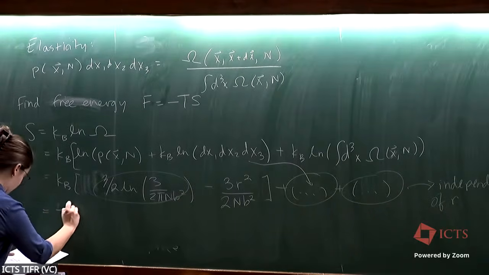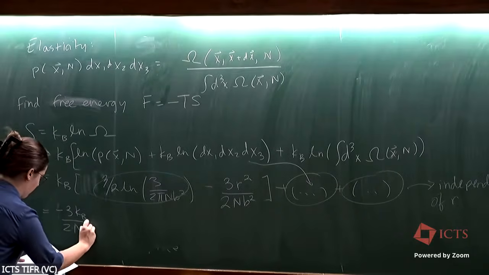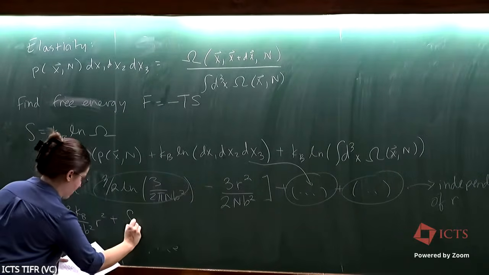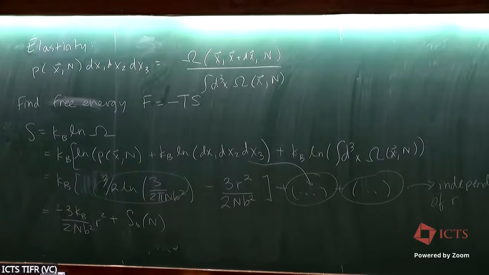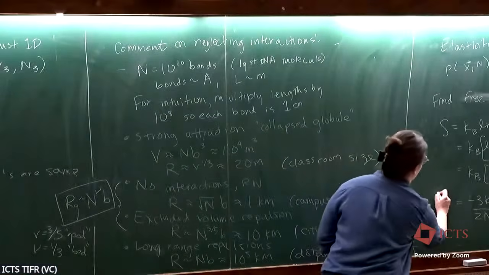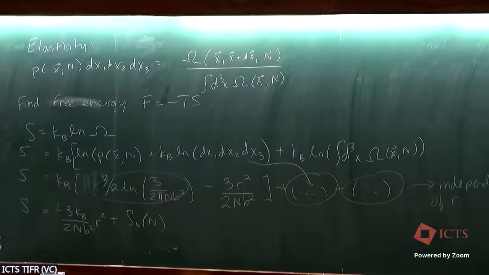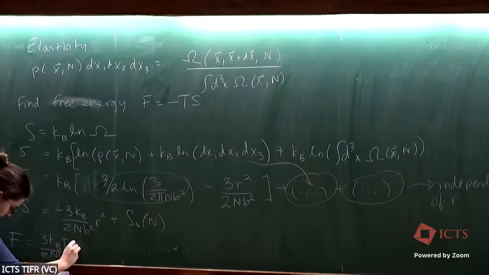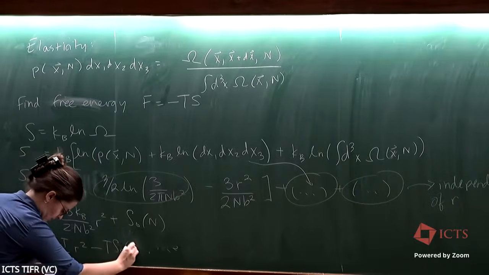So I will rewrite this as 3 k_B over 2 n b squared r squared plus S naught of n, where these are all my terms that are independent of R. This is still S. And now if I calculate my free energy, I just have minus T times this. So this is 3 k_B T over 2 n b squared r squared minus T S naught of n.